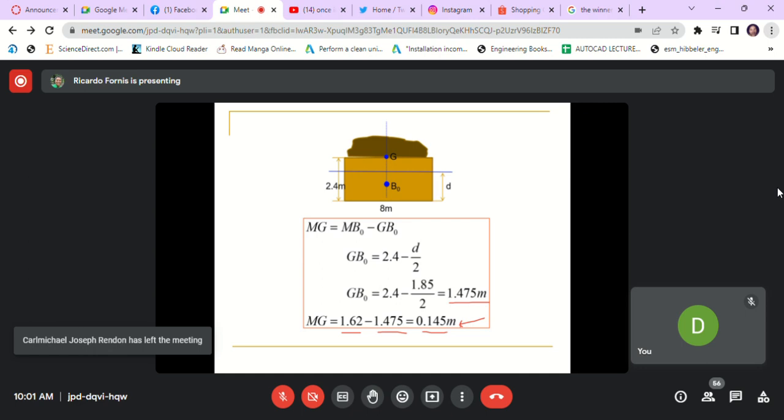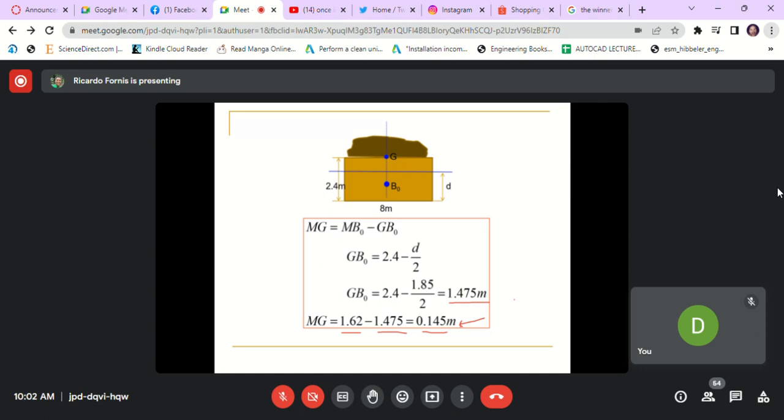Since the MG is higher than... wait sir, nakamabot ko sa conditions. I guess for me, sir, is stable. Nganong stable man? Kind of confused sa conditions, sir, pero like if MG is higher or positive, it is stable.